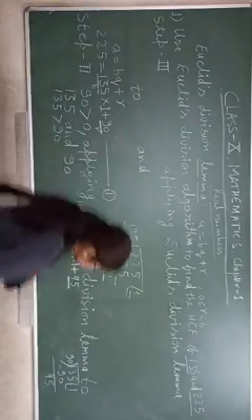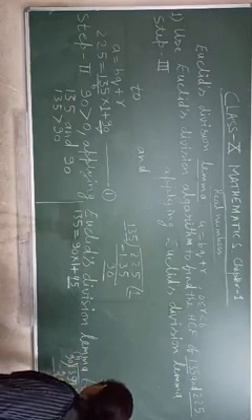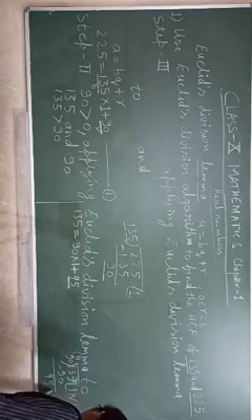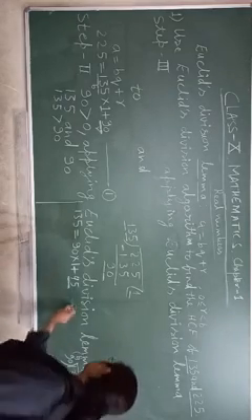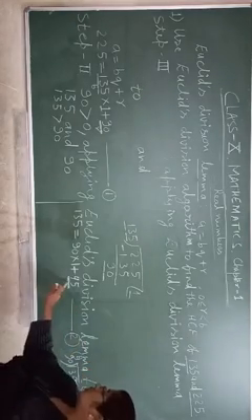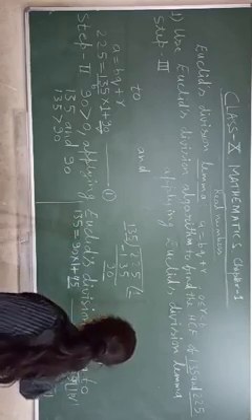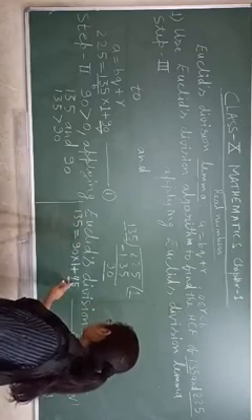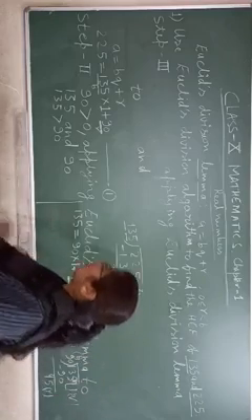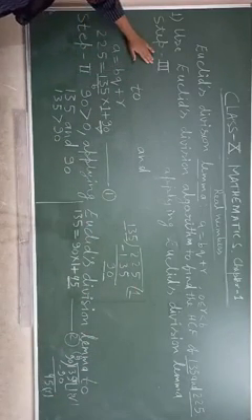In this case, this one is A, this one B, this one Q, and this one R. And this is our equation number 2. So you are seeing that A equals B into Q plus R. Still R is not coming 0. So now I am going to step number 3.